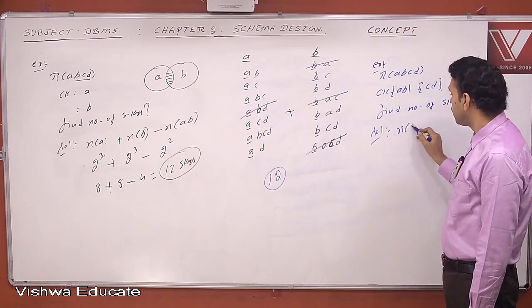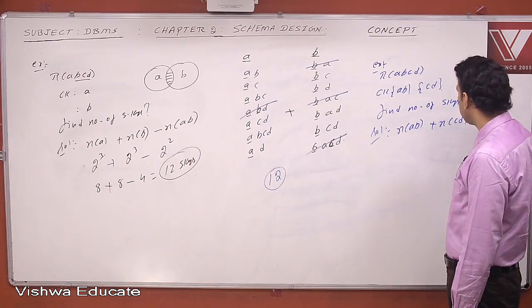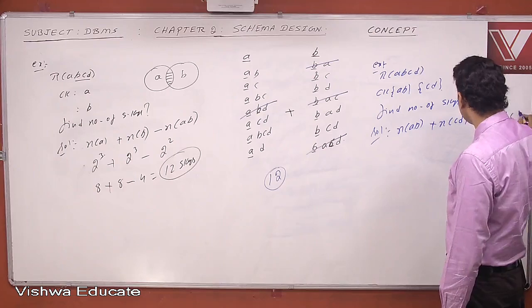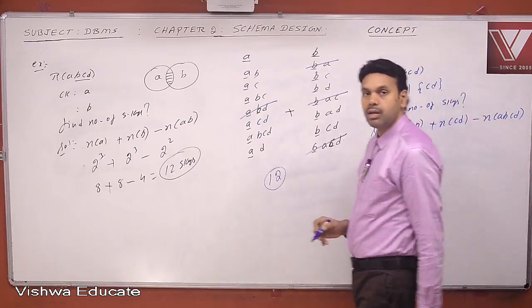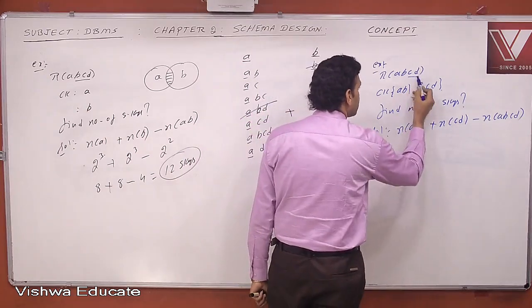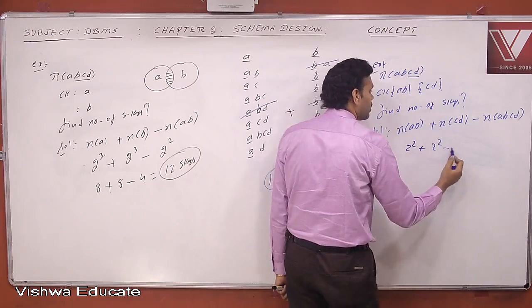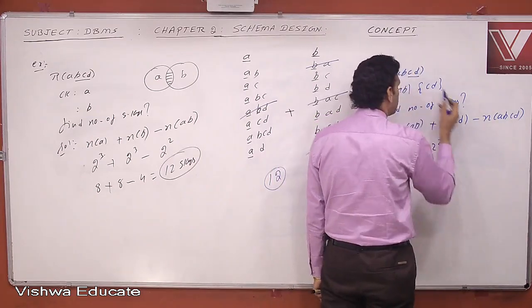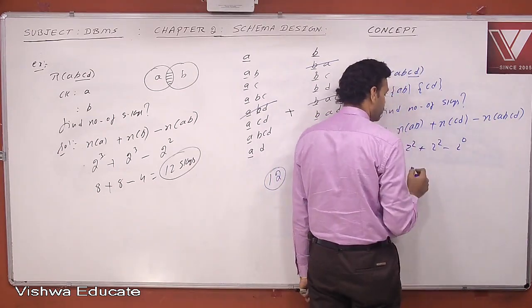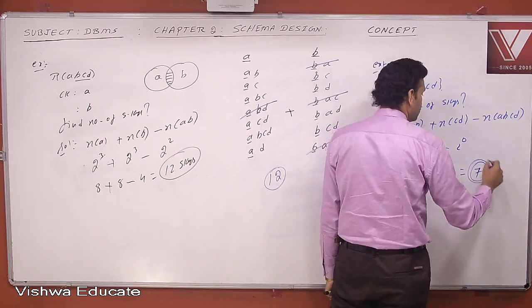So n of AB plus n of CD minus n of ABCD. There may be a common between them. How many chances? 2 chances. 2 chances. How many chances? ABCD, no more chances, right? 2 power 0. So 4 plus 4 minus 1, that is equal to 7 keys.